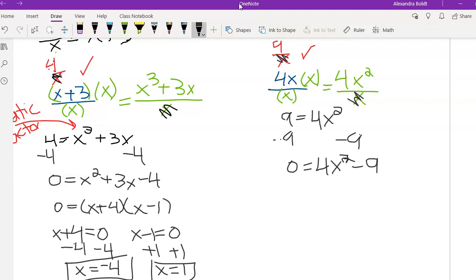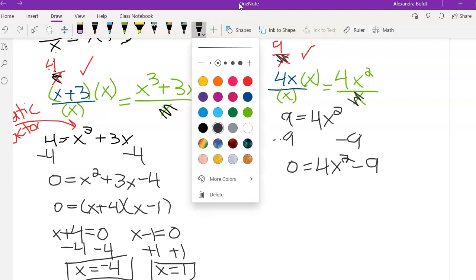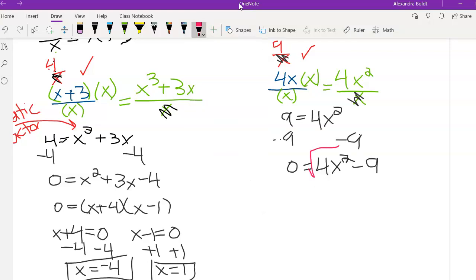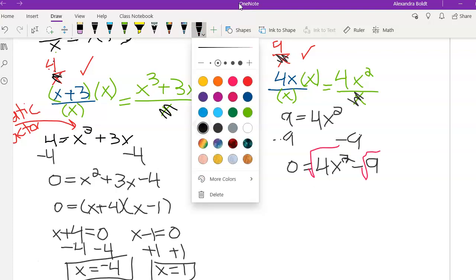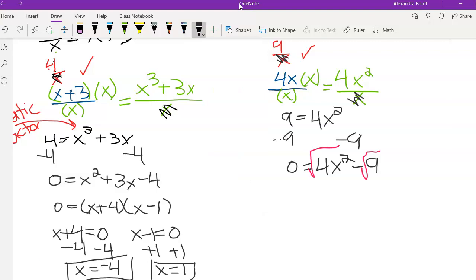Now, we should recognize that this is a difference of squares, so I'm going to take the square root of both numbers here, right? And I get 0 equals, well, the square root of 4 is 2, and it has an x, and 3, and we get that twice.